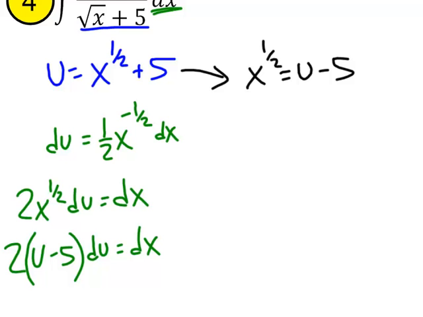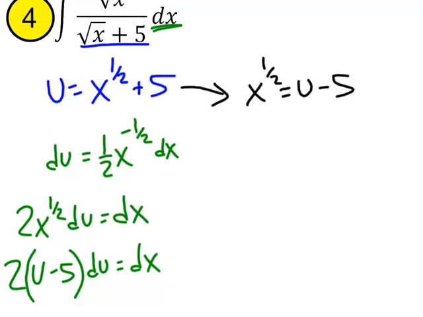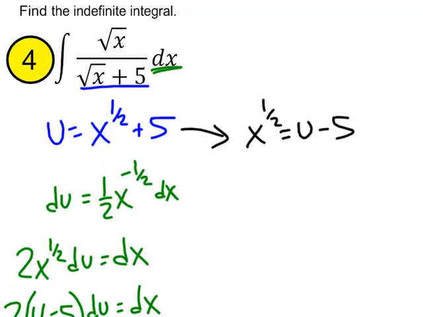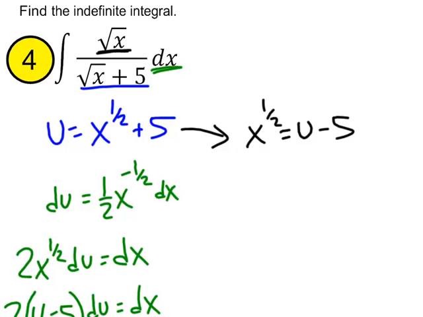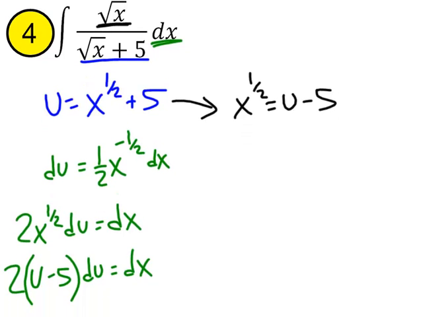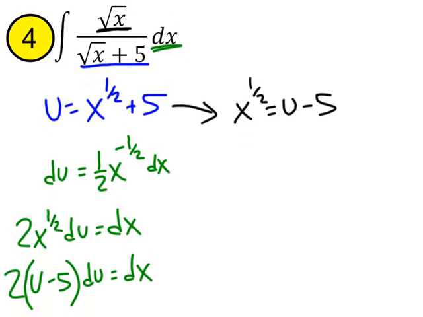And turns out we inadvertently did ourselves a favor as well, too. The last thing that we need to handle in the original integrand is this root x. And notice that we've just handled that. So we're ready to U-substitute now. So we are going to take the indefinite integral.